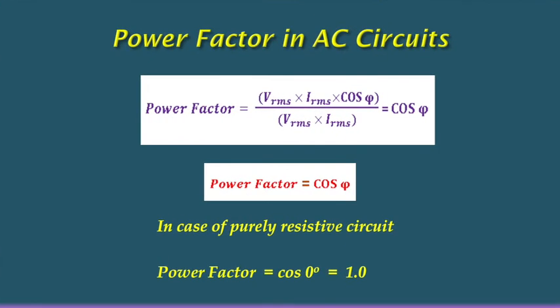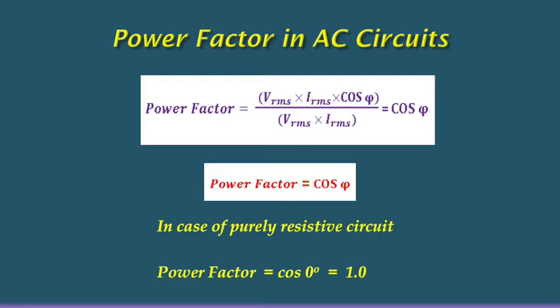Power factor in an AC circuit. Power factor is defined as the ratio of real power to apparent power. So real power is Vrms into Irms cos phi, and apparent power is V I. So this is cos phi. So power factor is cos phi.